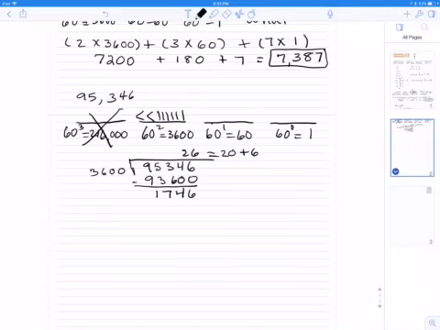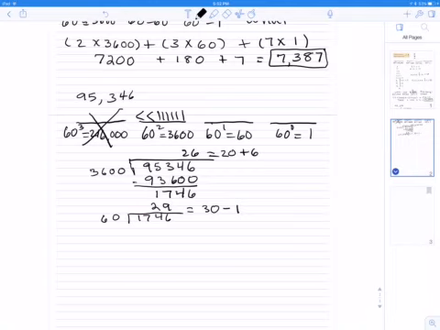Then I need to know how many of the next largest group, 60s, are in what's left over. So 60 into the remainder, the 1746, and I need 29 of those. Well, 29 has 7 or more ones, so I'm going to go to the next higher multiple of 10. I'll go to 30, and I'll subtract 1.